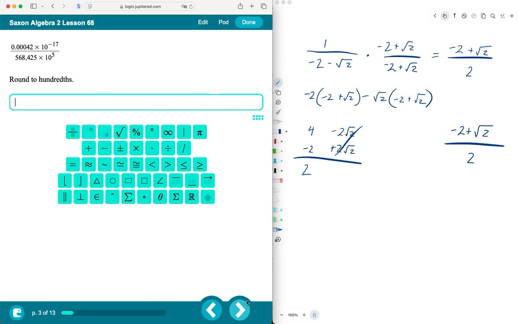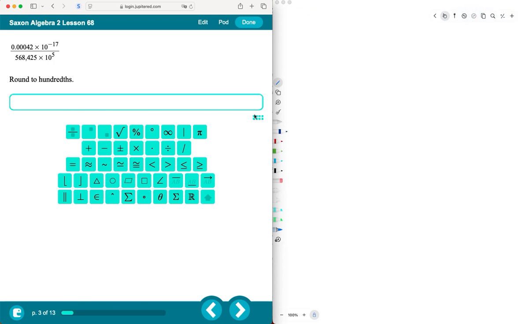All right, so here's one. As the scientific notation, we're going to round to hundredths. Okay. First thing we've got to do, though, is we've got to put this in the proper format, and that's going to be 4.2. So 4.2, and this is going backwards, 1, 2, 3, 4.